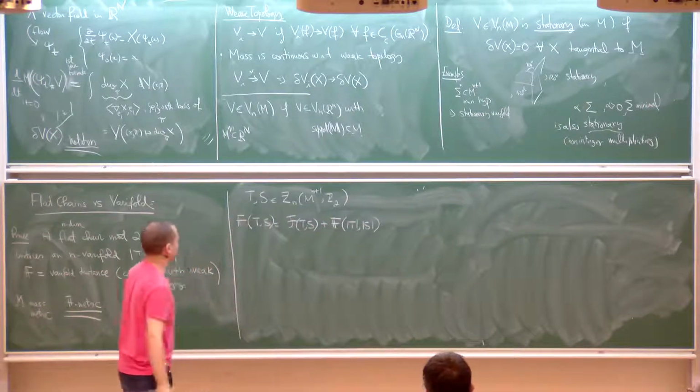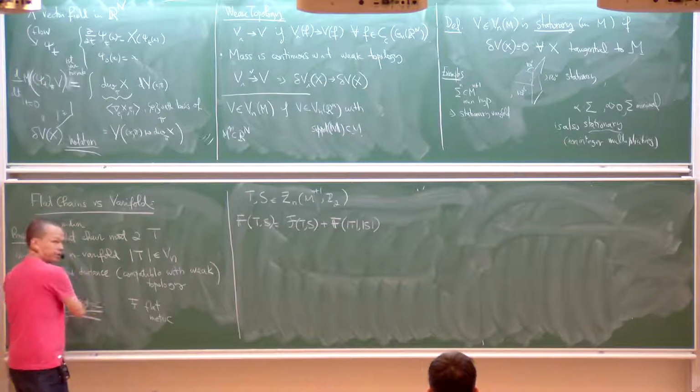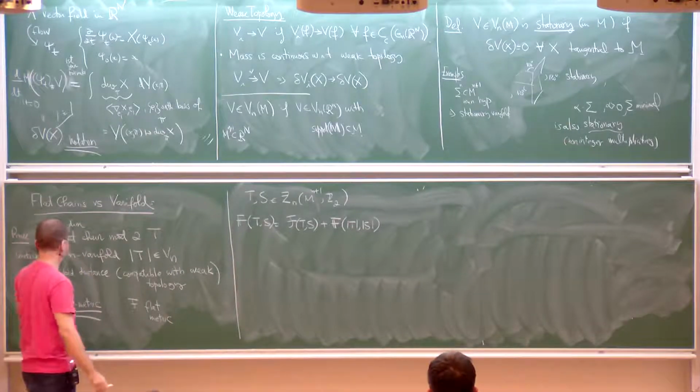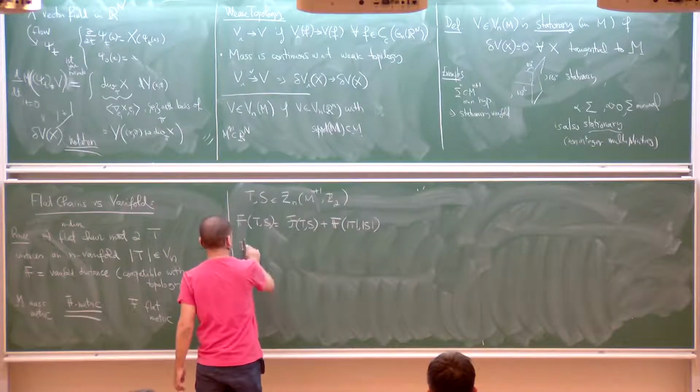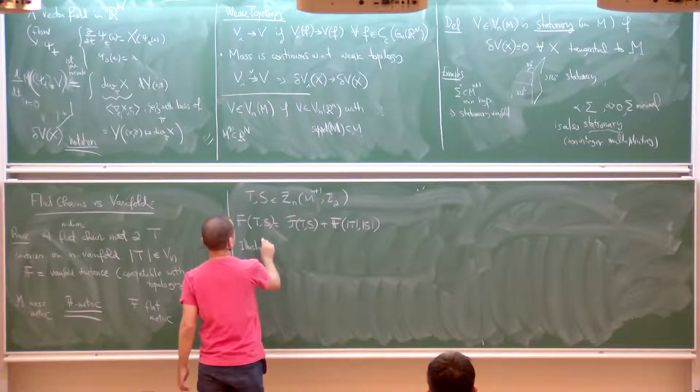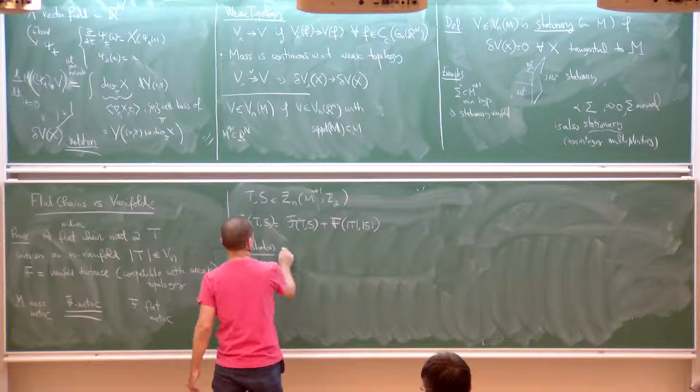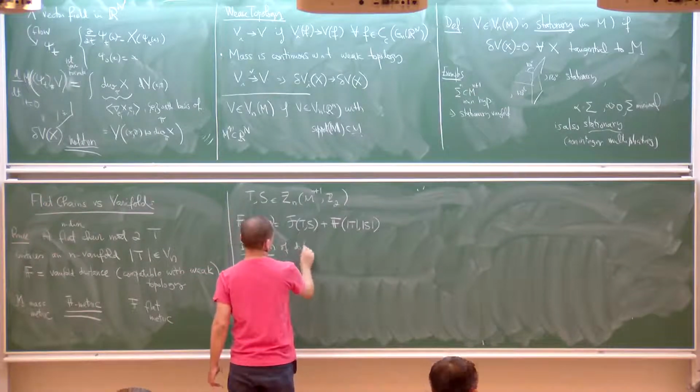Okay, so this is called the F metric, and it's something in between the mass and the flat metric. So let me illustrate these different topologies.